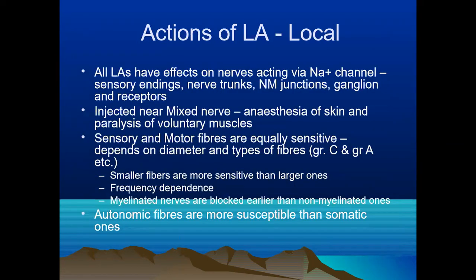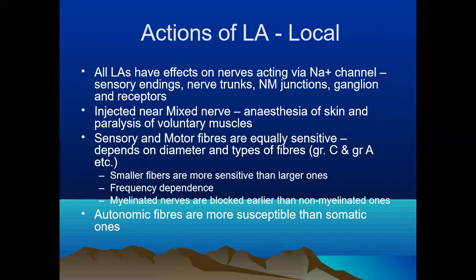Local anesthetics have their effect on nerves acting via the sodium channel at sensory endings, nerve tracts, neuromuscular junctions, and ganglion receptors. That is where they work. When injected near a mixed nerve, they cause anesthesia of the skin and paralysis of skeletal muscles, and the sensory and motor fibers are equally sensitive depending on diameter and type of fiber.